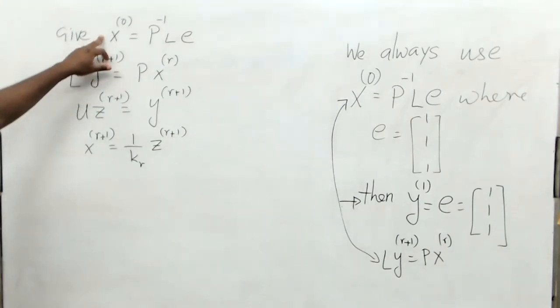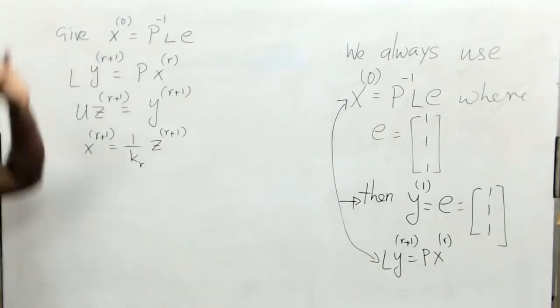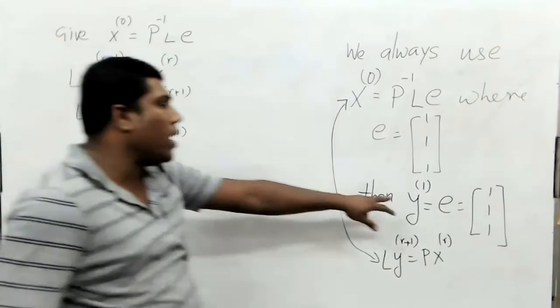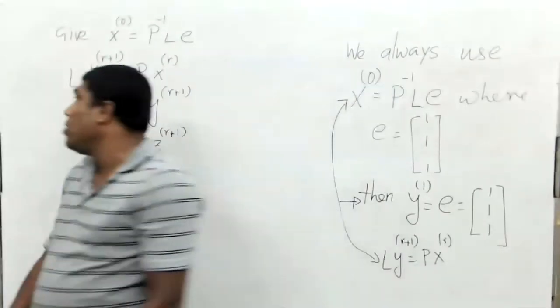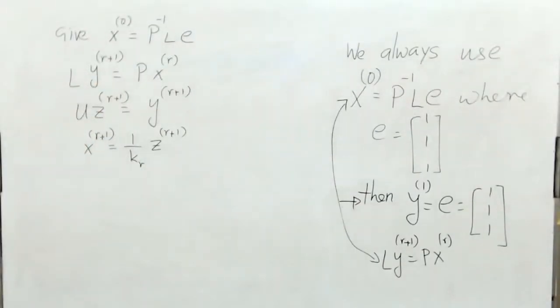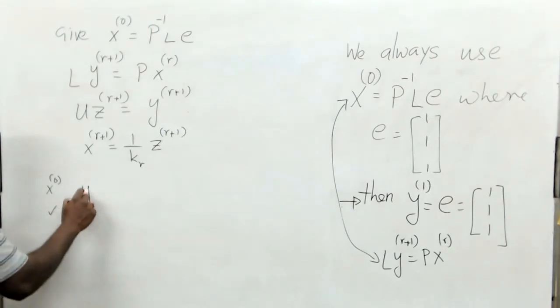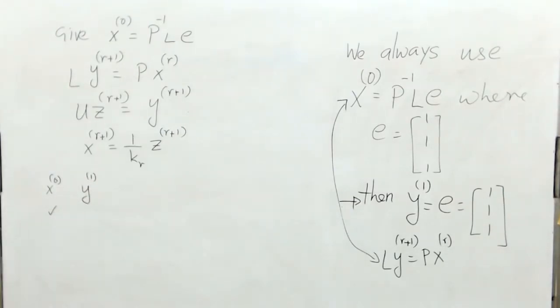x naught you can always choose like this, so you can avoid doing some computation. If you choose x naught like this, always your y1 will turn out to be this. So that is the next step. You find y1. So you can always make a table like this. So x naught you already chose, so I don't rewrite it again. If you choose x naught, you have to find y1.